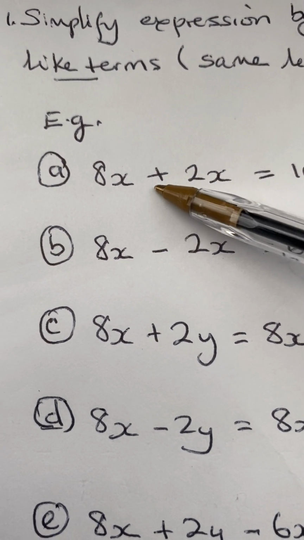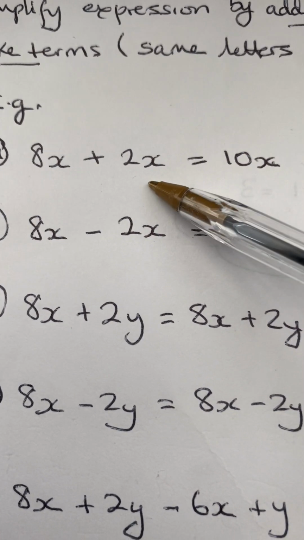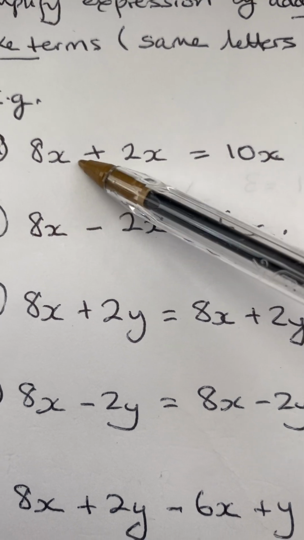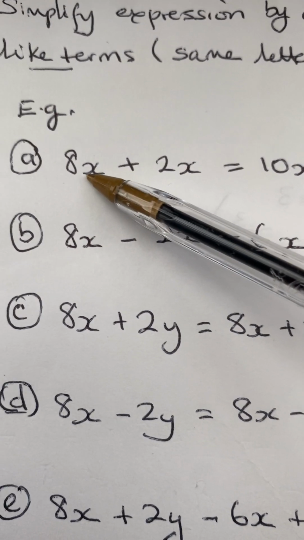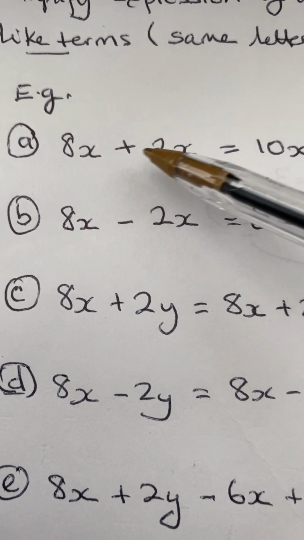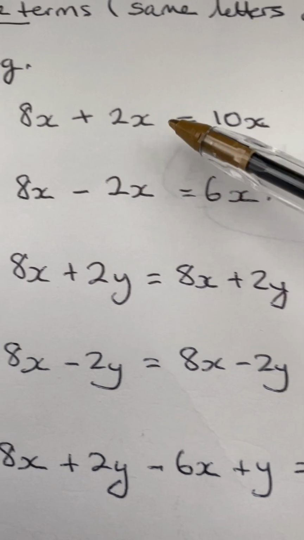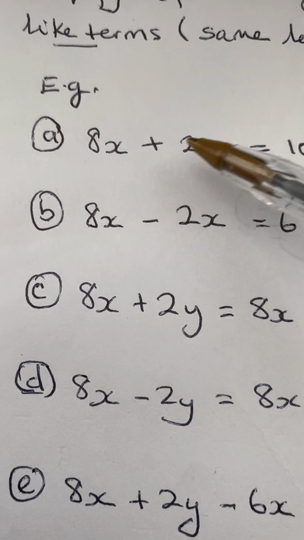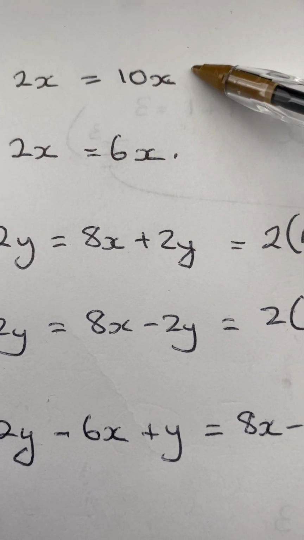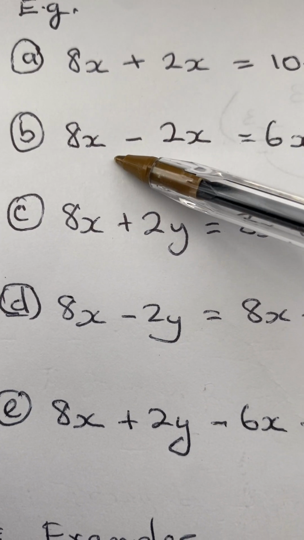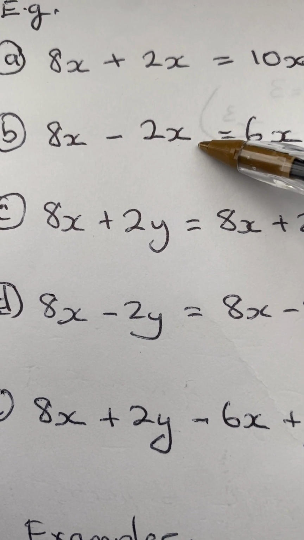So my first example today is 8x add 2x. From what we learned yesterday, this is straightforward. So 8x add 2x will give us 10x. It's like 8 apples add another 2 apples, 10x. Now the second one, same 8x minus 2x.